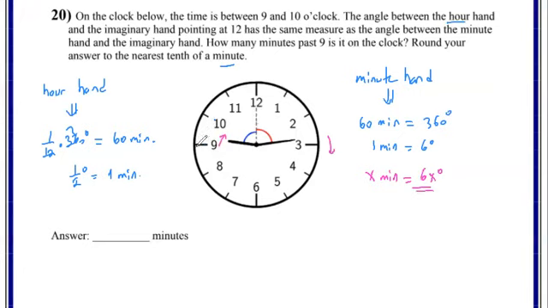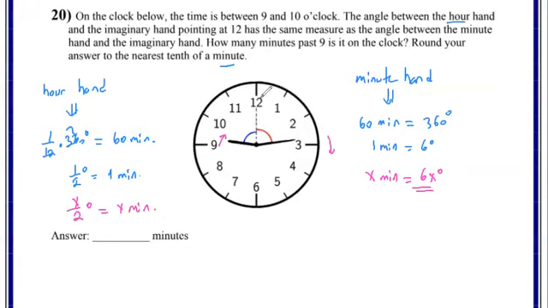If this is pointing at 9, in between 9 to 10, we have 30 degrees because 1/12 of the full circle is 30 degrees. And if you are moving x minutes, because we are just trying to find how many minutes past 9, then the hour hand will move from 9 in this direction x times 1/2 degrees, which is x/2 degrees in x minutes, right?